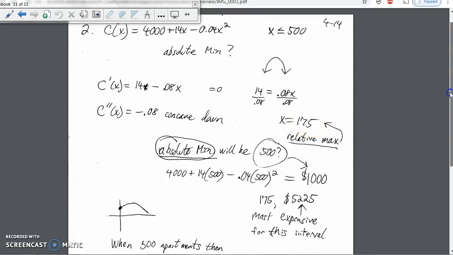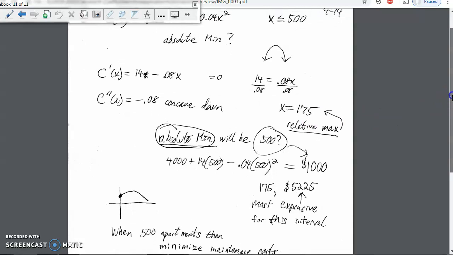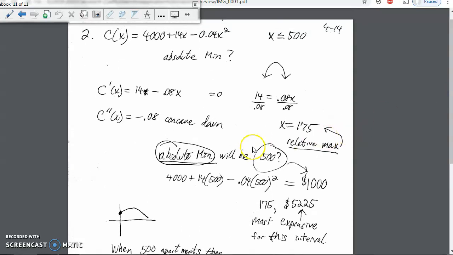So then what I do is I plug in 500 into the original equation to see how much money that will cost, and that only costs $1,000 in maintenance cost. I believe this is per unit.